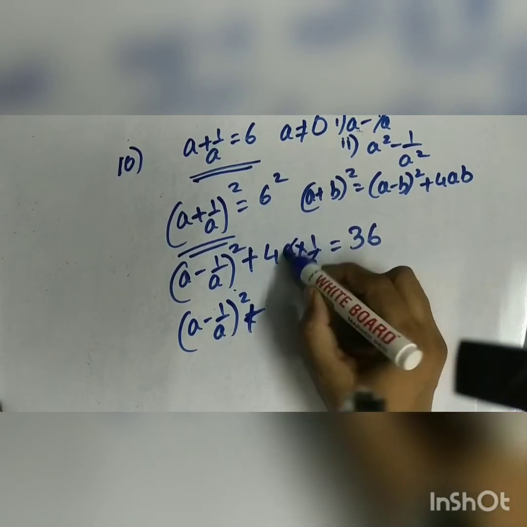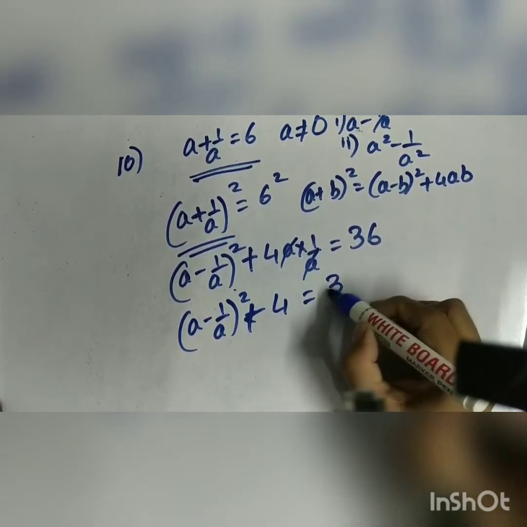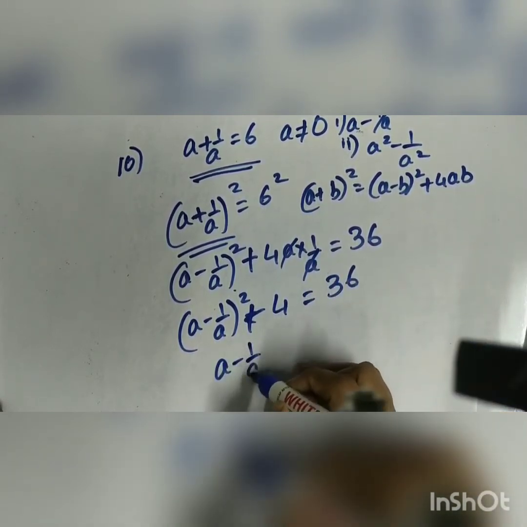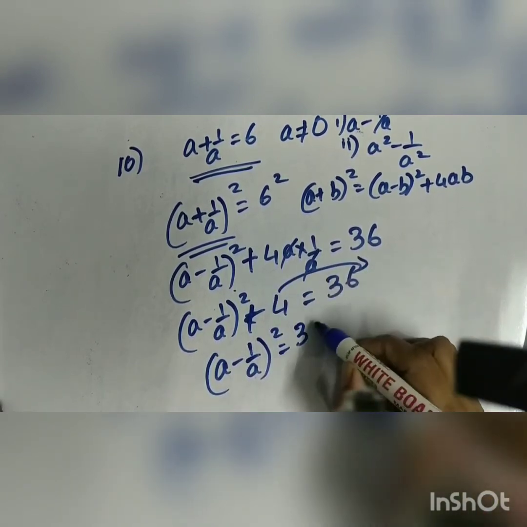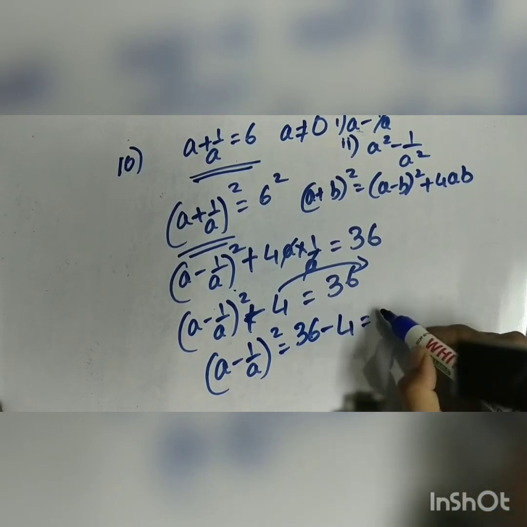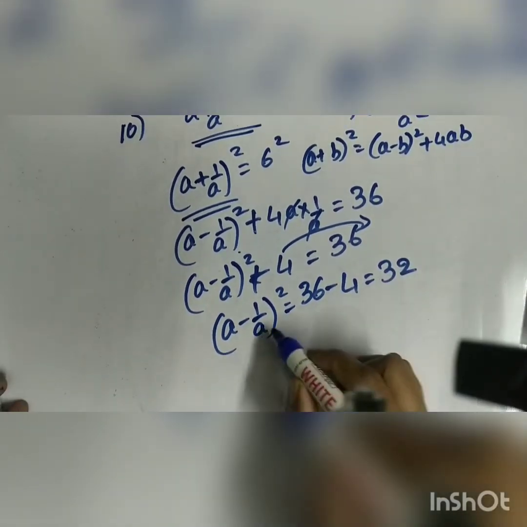Now here a gets cancelled, only 4 remains, 36 here. So a minus 1 by a whole square is equal to, if it goes this side, 36 minus 4, which is 32. This is the square value.